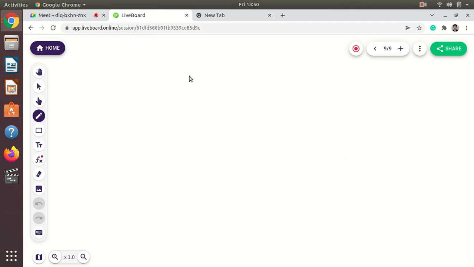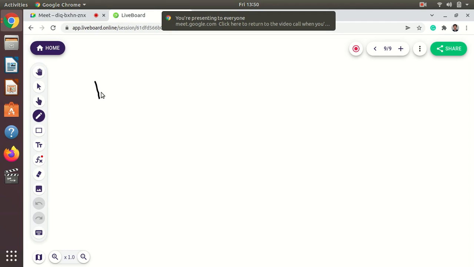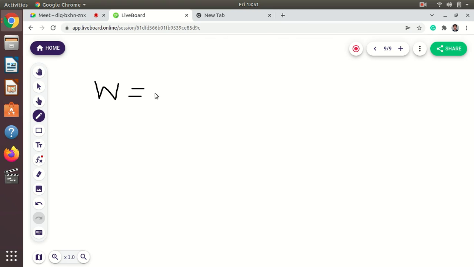So we have discussed the work done in translational motion. What is work done? W is equal to the integration, or let's forget about integration for now. What we do is force into displacement, right? Force into displacement, let's say dx, or sometimes we write ds. So this is dW. We have to integrate this over the range, from x1 to x2, let's say.